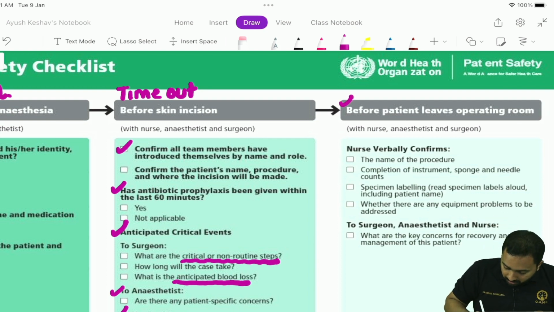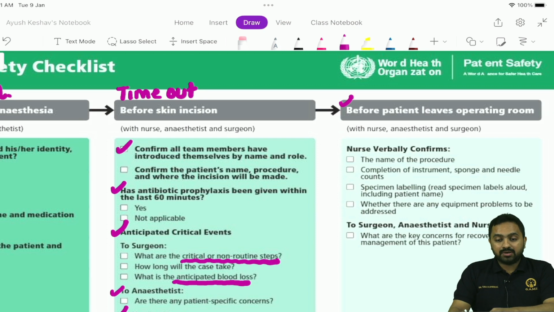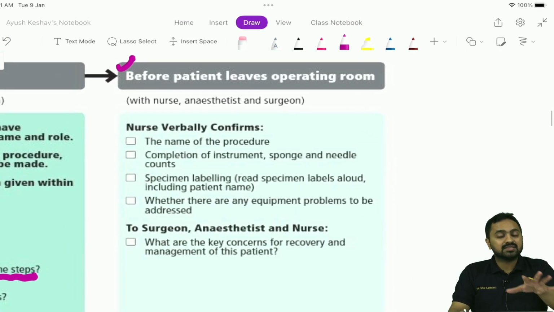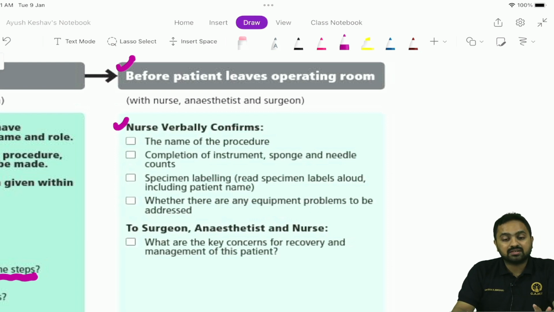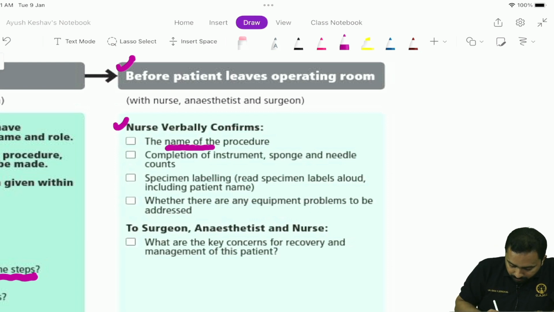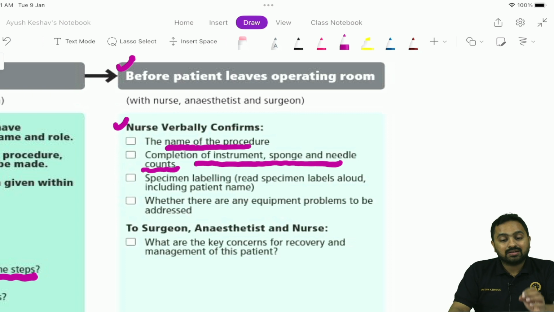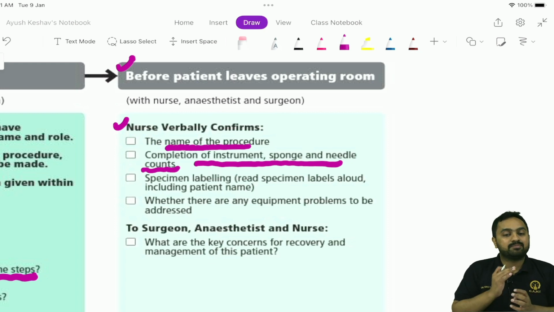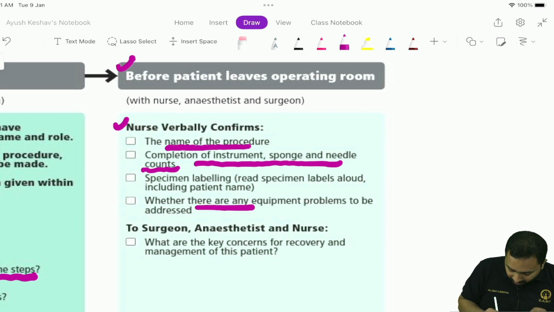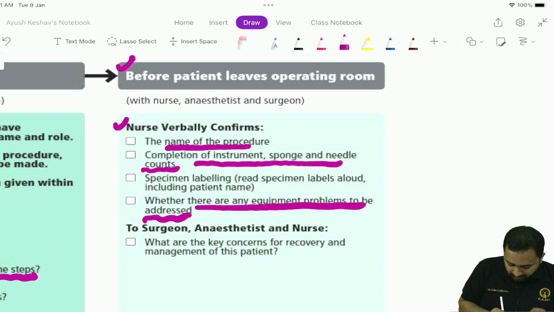Now, before the patient leaves the operating room, this is with the nurse, anesthetist, and the surgeon. We hear the nurse verbally confirm the name of the procedure, the completion of instrument, sponge, and needle counts. Then the specimen labeling is read out, including the patient name, and any equipment problems to be addressed.